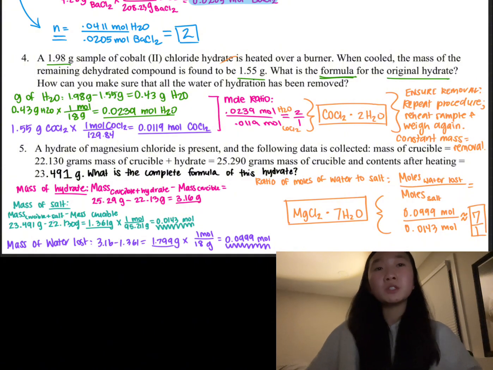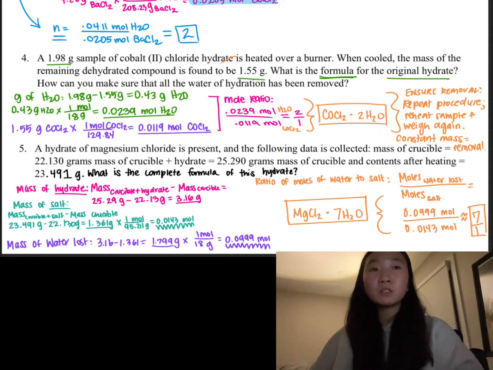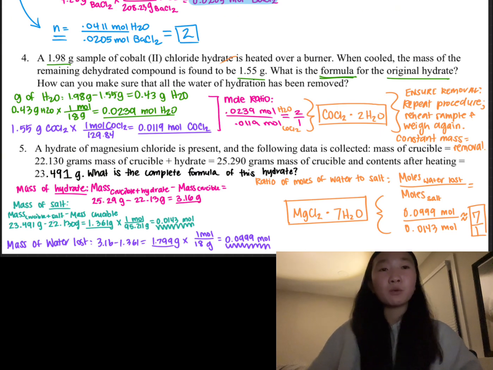As for COCl2, we know that there is a final number of 1.55 grams, and in order to convert that to moles, we multiply that by 1 mole of COCl2 over 129.84 grams, giving us 0.0119 moles of COCl2.